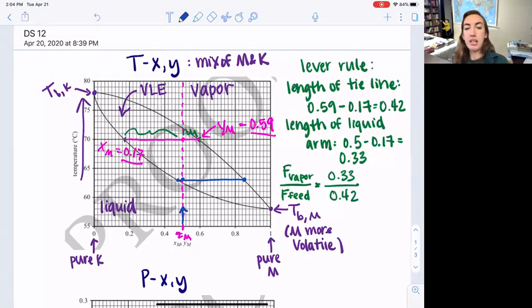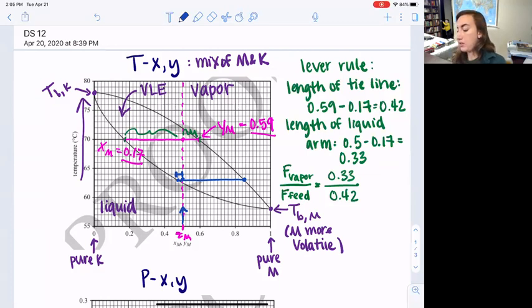And so that for me helps me justify, okay, what fraction of this stream should be vapor? It should be pretty small, and so that means I want the small half of my tie line, right? So this amount, which is pretty short over the length of the whole tie line, will be what fraction becomes vapor.